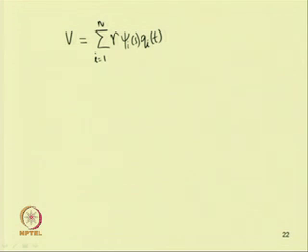For example, taking n equal to 1, one can take the single mode approximation, and if one takes n equal to 2, then it will be a 2 mode approximation, and if one takes n equal to 3, then it will be a 3 mode approximation. Here R is known as the scaling factor.